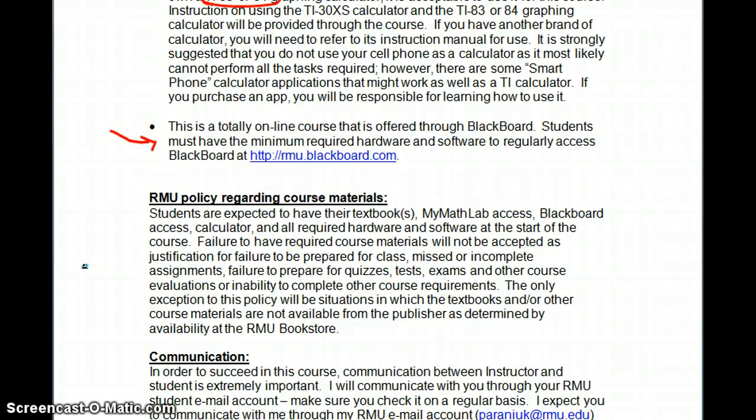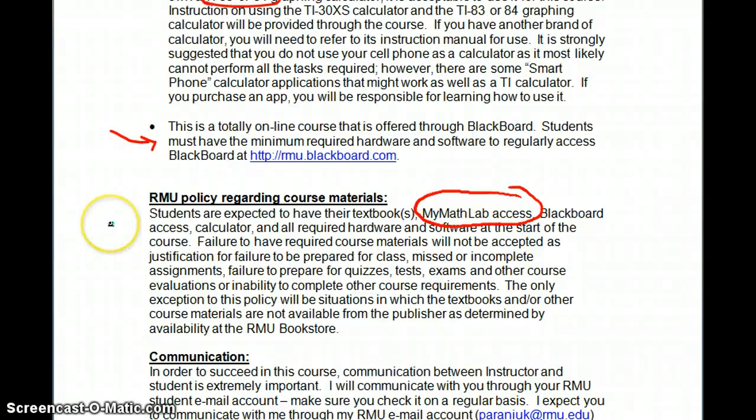Now, leading into that, you are expected to have your textbook, if you purchase one, the My Math Lab access, and Blackboard access, your calculator, all required hardware and software at the start of the course. Failure to have all of these materials is not justification, and it's failure to be prepared for class.